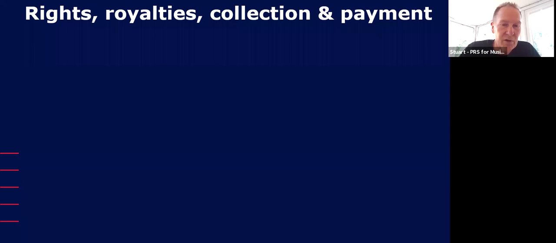Well, in answer to the first question, why are there collection societies? They basically provide the service that you would find it hard to do yourself. I mentioned that as a copyright owner, you have the authority to grant permission to someone to use your music. So a radio broadcaster such as Radio 1 needs the permission of the people who have written the songs before they play those songs.